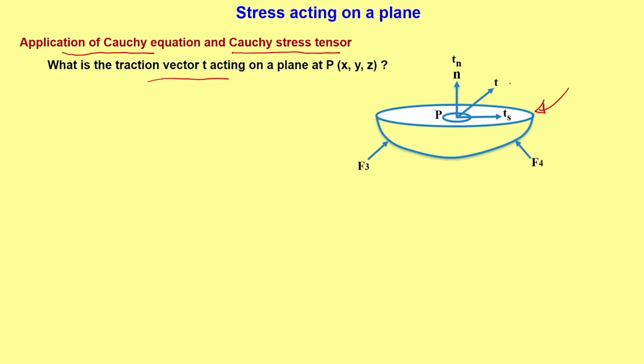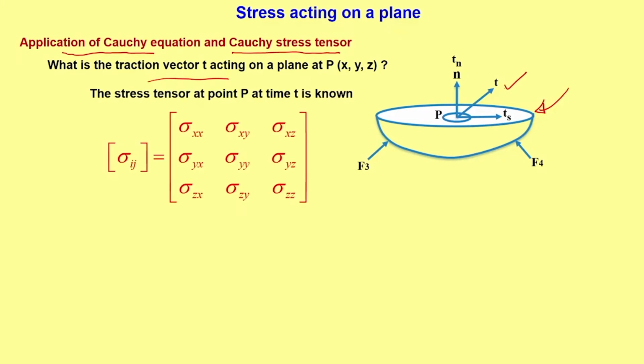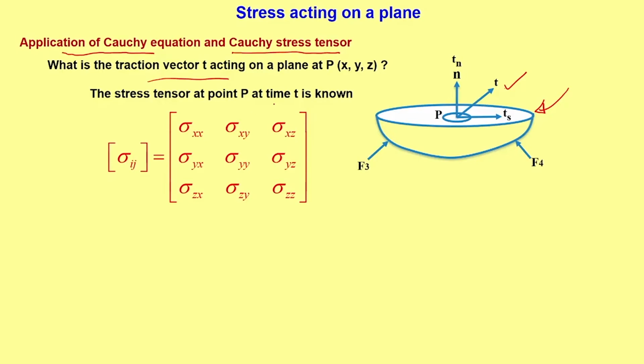You can see here this is the traction vector T. Now, the stress tensor at a point P for a given time t is known. Why is time important? Because the stress tensor corresponds to a given deformation of the body. This is represented by sigma ij and the components are given, as we have already seen.